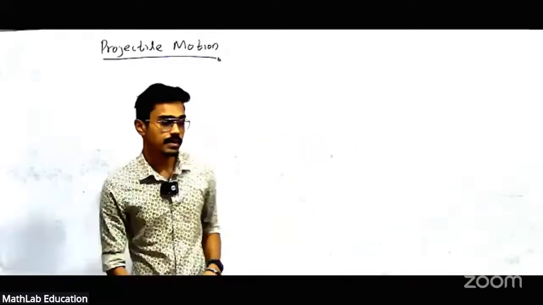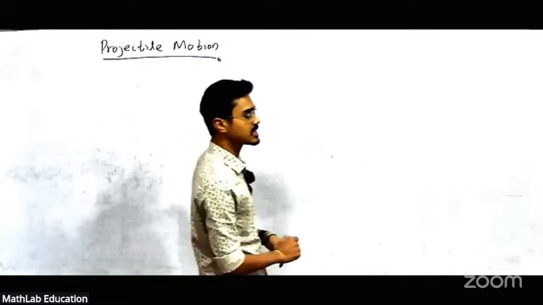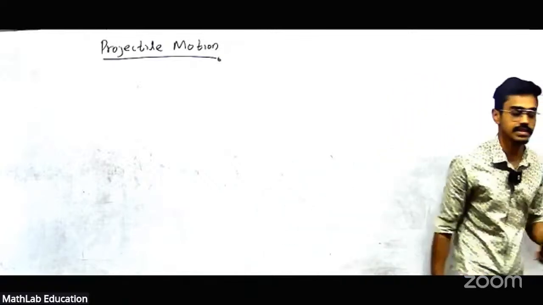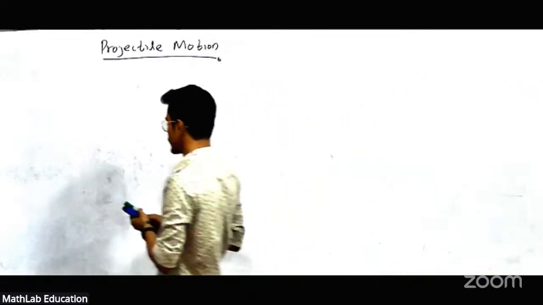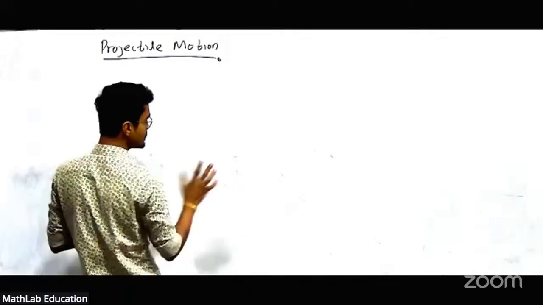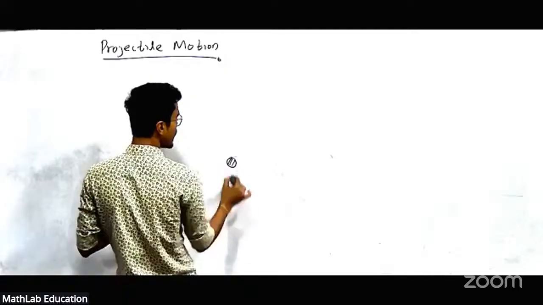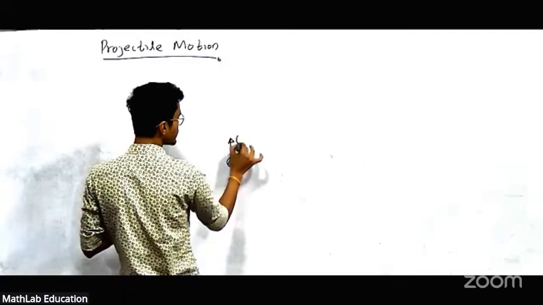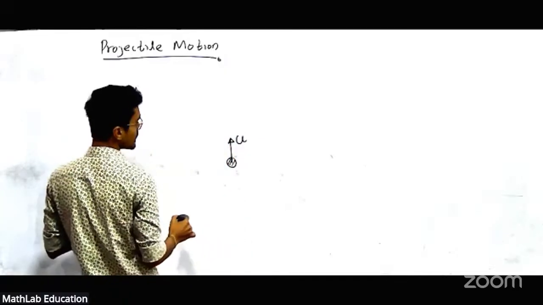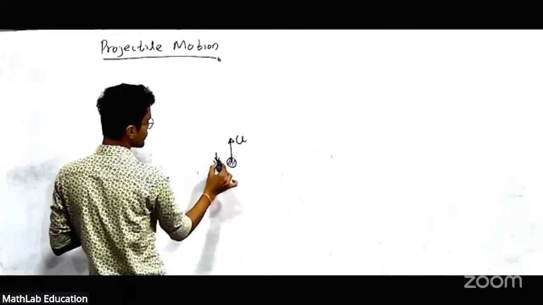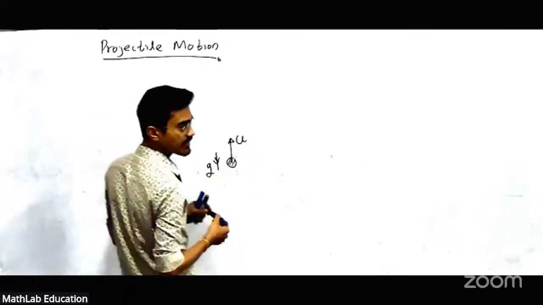Okay, simply, projectile motion is something like this. Listen, if we throw something, this is just an introduction. Let's say I have this object and I'm going to throw it vertically upwards with an initial velocity under gravity.